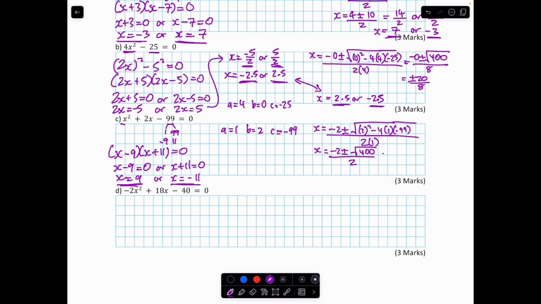We already established that square root of 400 was 20, so negative 2 plus or minus 20 over 2. So what's negative 2 plus 20? That's 18 over 2. Or negative 2 take 20, negative 22 over 2. So x is equal to 9 or negative 11, which is what we got the proper way.